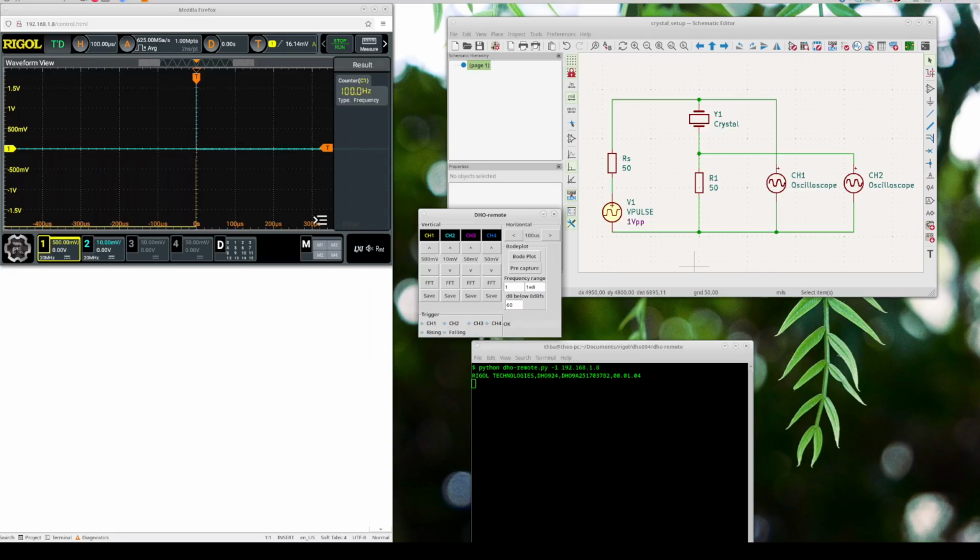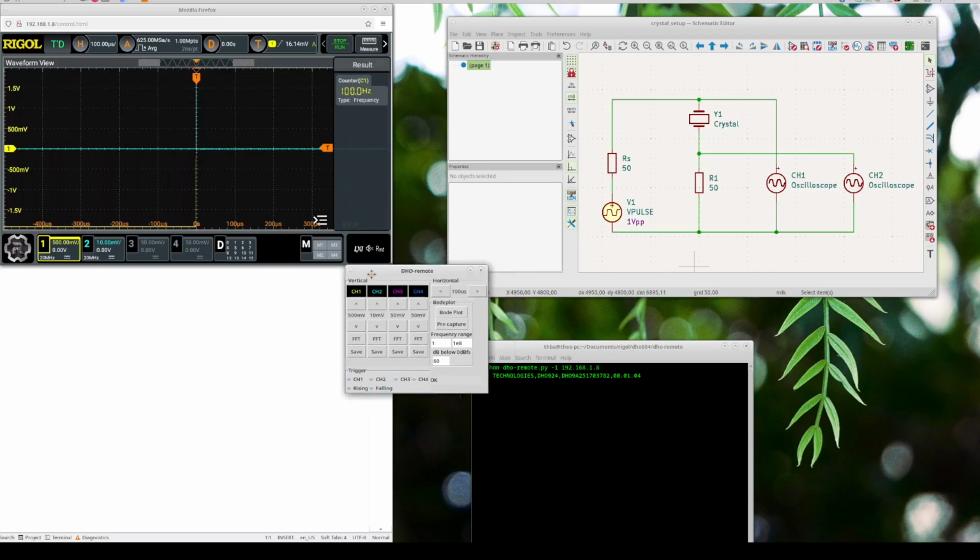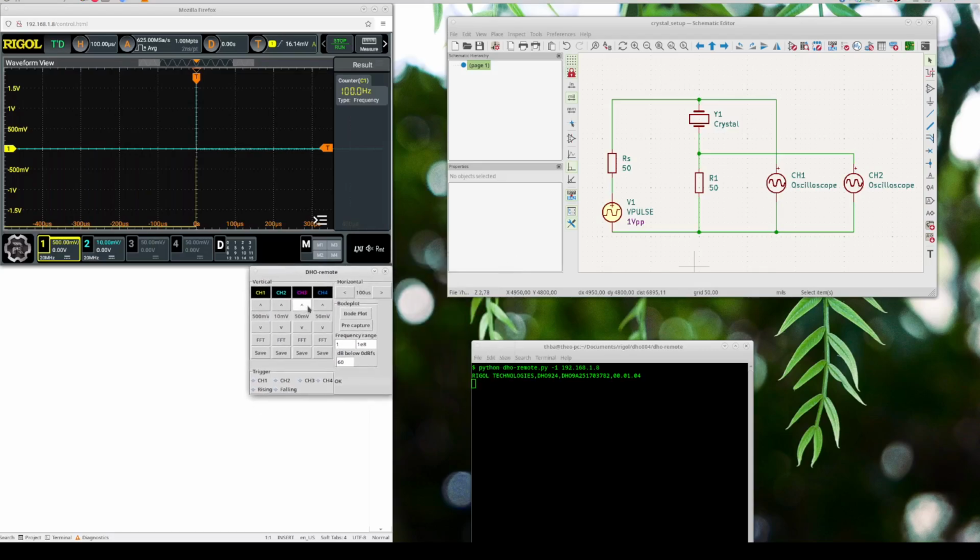So the first time that I started up, well, basically, let's show what there is on my screen. I have a square wave signal on channel 1.